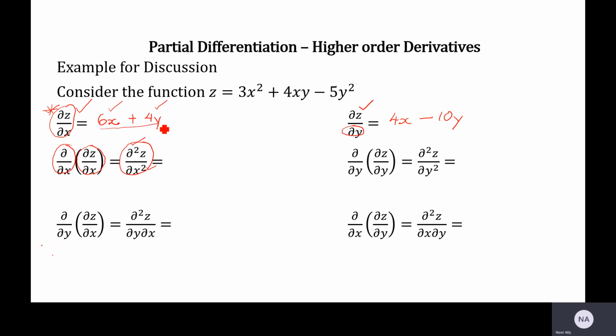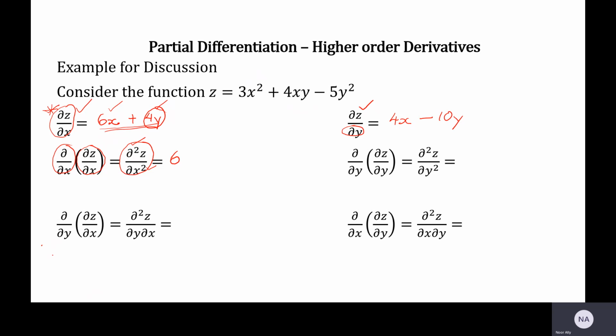Now I differentiate that answer with respect to x again, following the same pattern. Look at 6x. What's the derivative of 6x with respect to x? 6. Look at the second term. Does it contain an x? No. Therefore, the derivative of that with respect to x is equal to 0. That's right. So your answer for d2z dx squared is equal to 6.